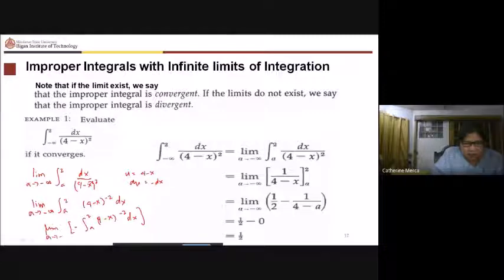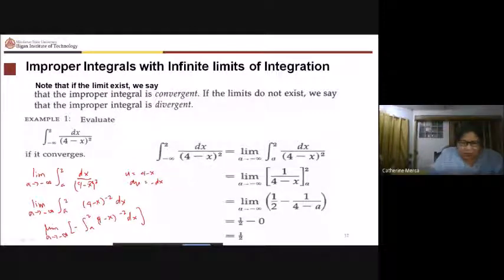As a approaches negative infinity. When you integrate this, it becomes negative 2 plus 1, u to the negative 2 plus 1, so it becomes negative 1. That is 1 over (4 minus x) to the first power, which is this.